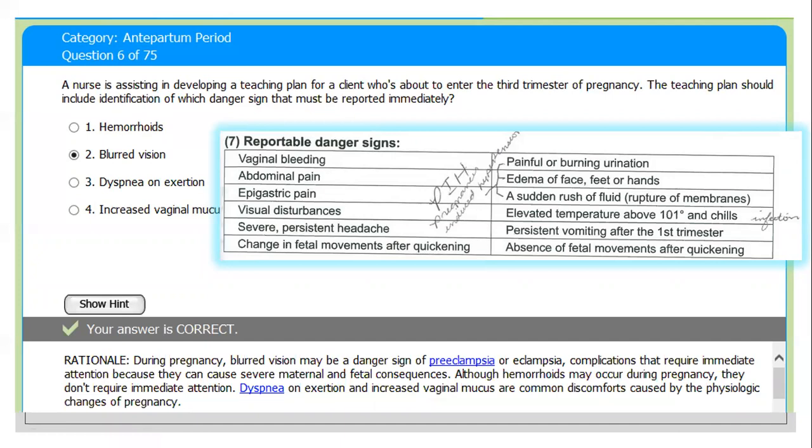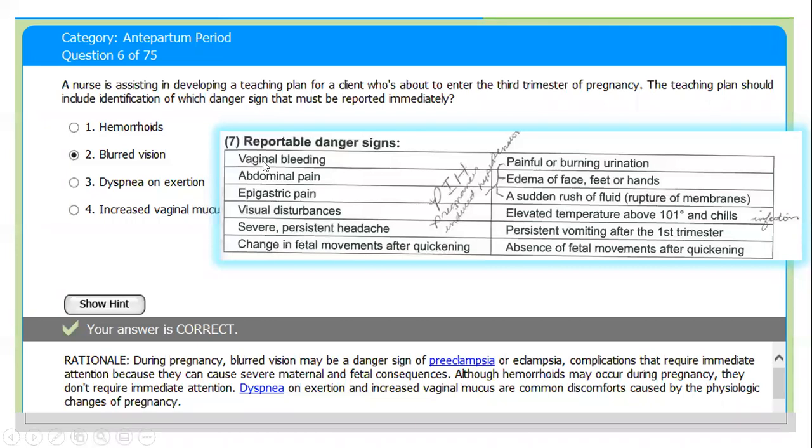So before going to the rationale, I want to share with you the reportable danger signs every healthcare provider must know and must notify the gynecologist or obstetrician.